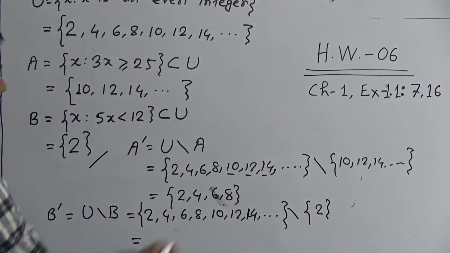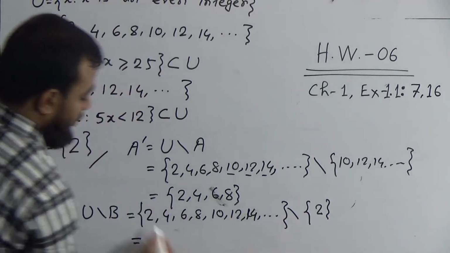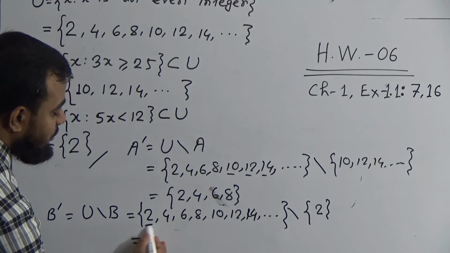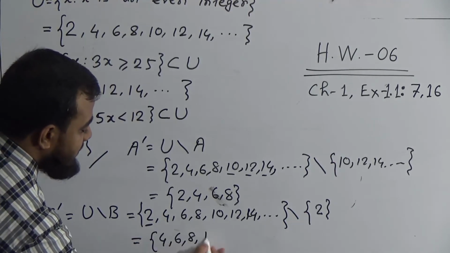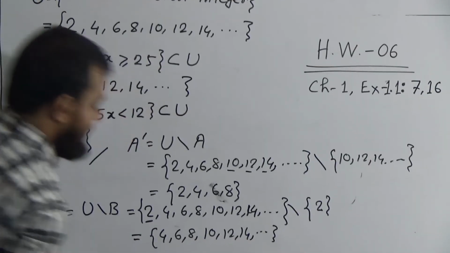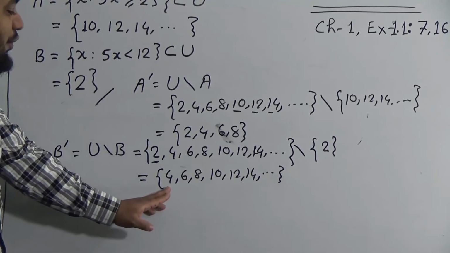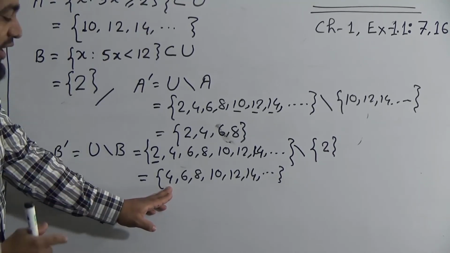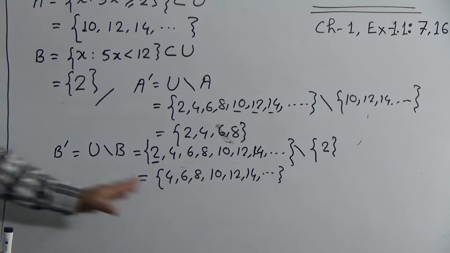Now U delete B means we need to delete only the element 2 from U. So if we delete 2 from here, we will get 4, 6, 8, 10, 12, 14 and so on. That means B prime is all the even numbers from 4.